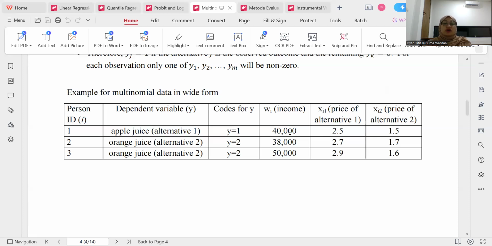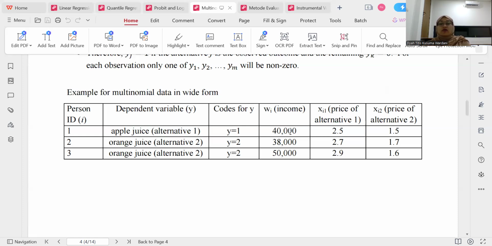And then orange juice for alternative 2, y equal to 2. The income is 38,000, with the price of alternative 1, apple juice, at 2.7, while the price of alternative 2, orange juice, is 1.7. And then orange juice again for alternative 2, where the code for y is y equal to 2.